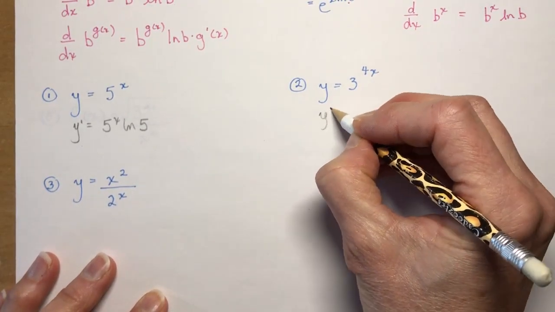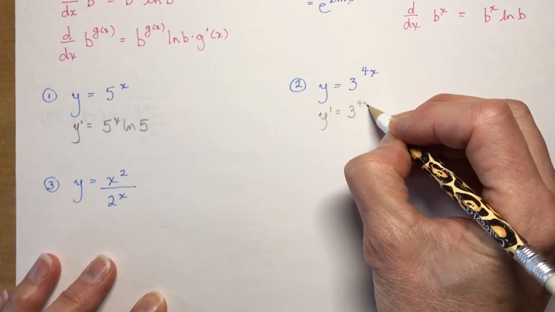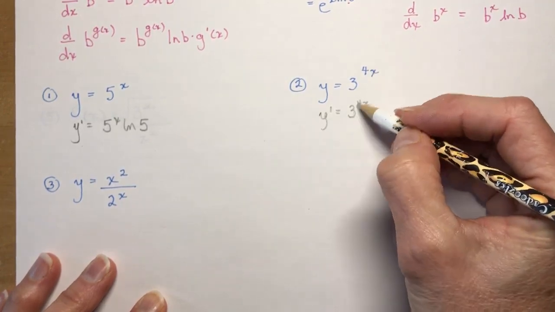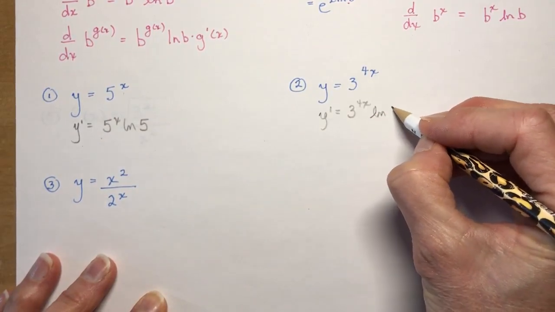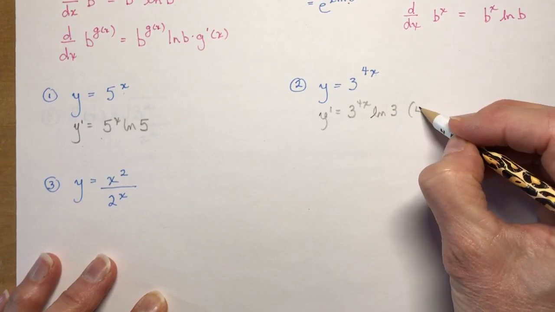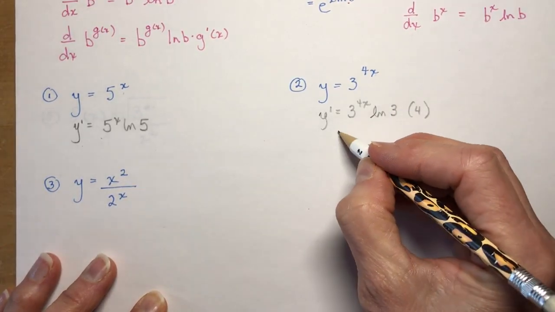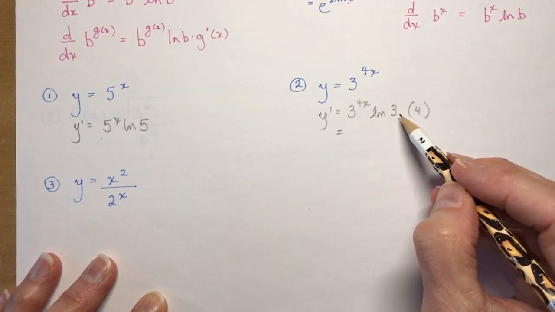So the second one here, y prime, is going to be 3 to the 4x. You just write the same thing out. Right, it's the very same. And now the ln of the base, which is 3, and the derivative of the exponent, which is 4. So a few things to note here. Make sure you do not make this the ln of 12.